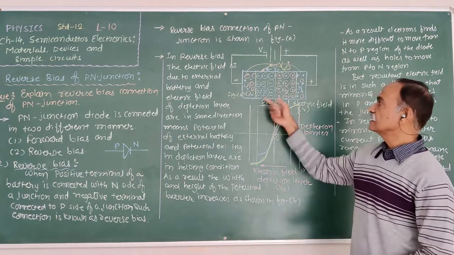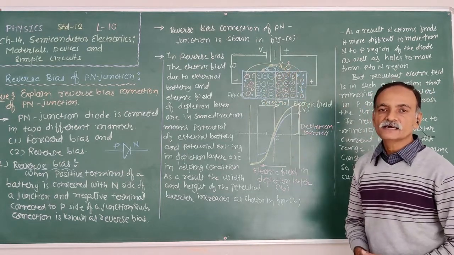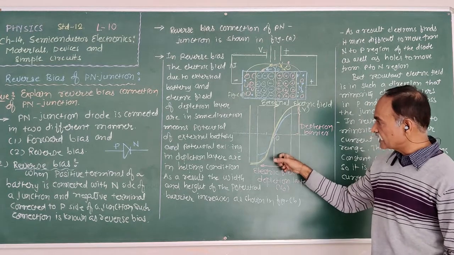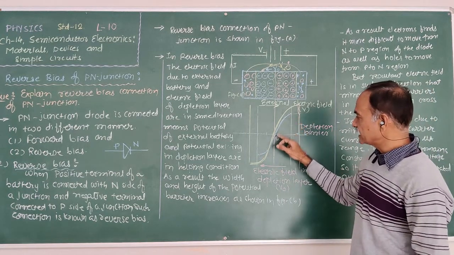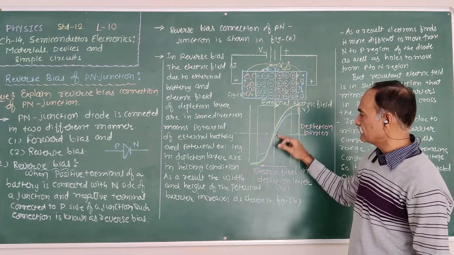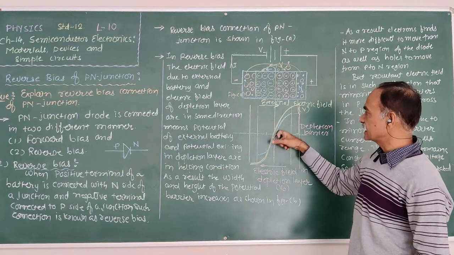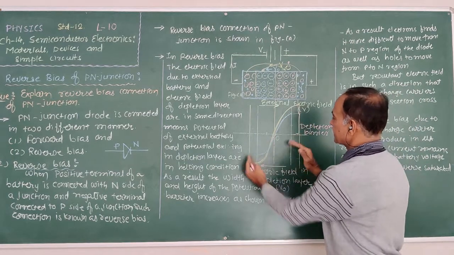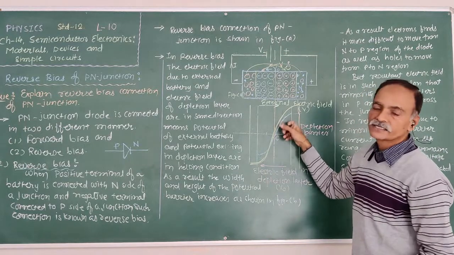As a result, the width and height of the depletion layer increase, that is shown in figure B. Initially, the width and height of the potential barrier is shown by the blue line. Now, in reverse bias, there is an increase. Width is increased, height is also increased. That is shown by the yellow line.